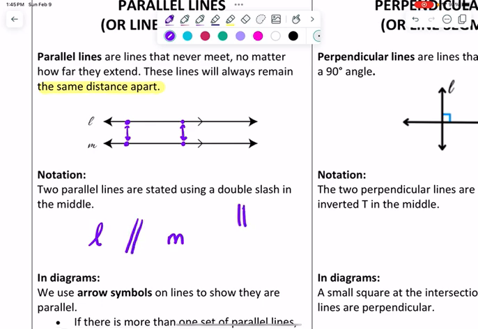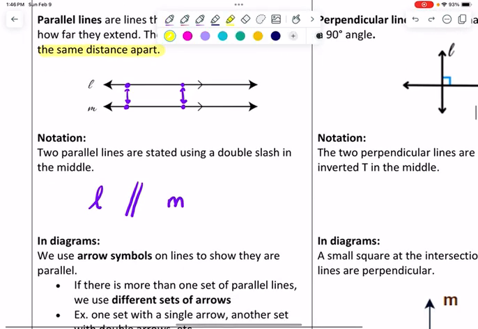Now, we don't do it straight up and down because that looks like the number 11, or it looks like I wrote ll somehow. But I draw these double slash marks. These slash marks typically are taller than letters. But this reads as if I'm saying line l is parallel to line m.